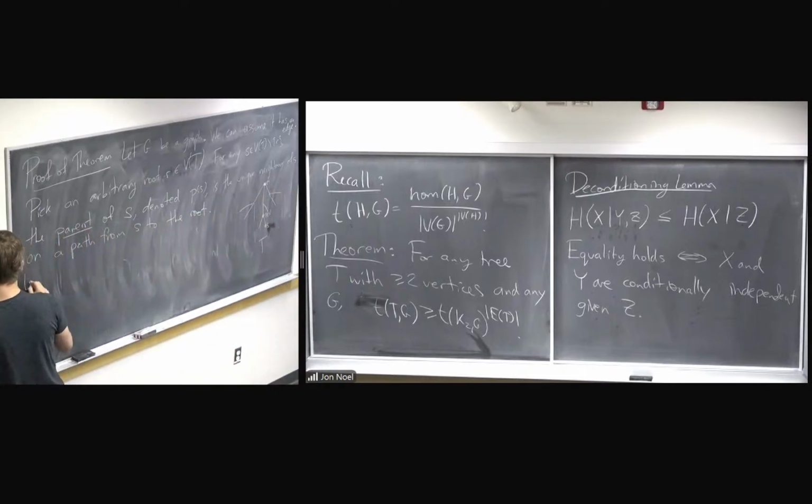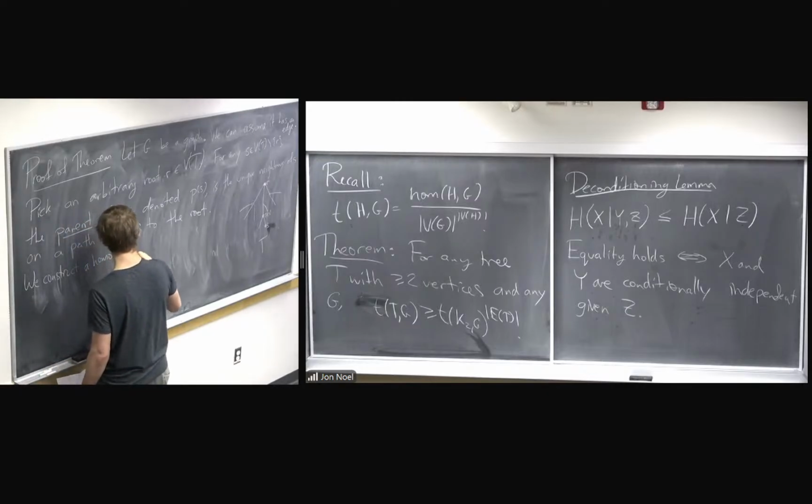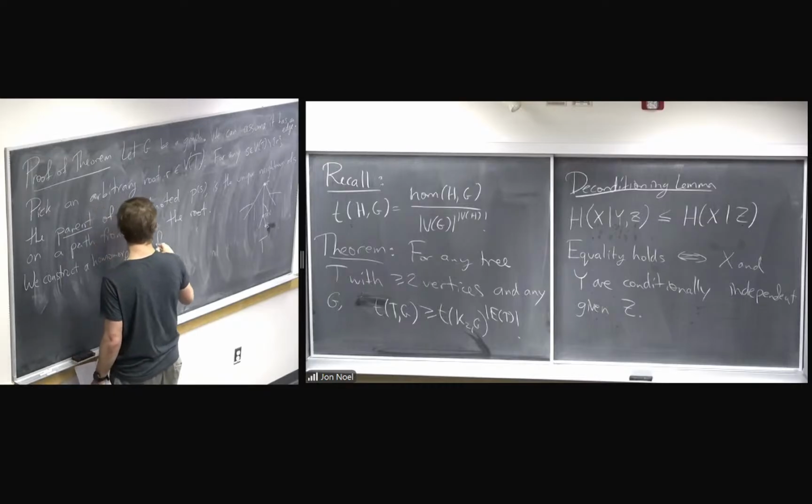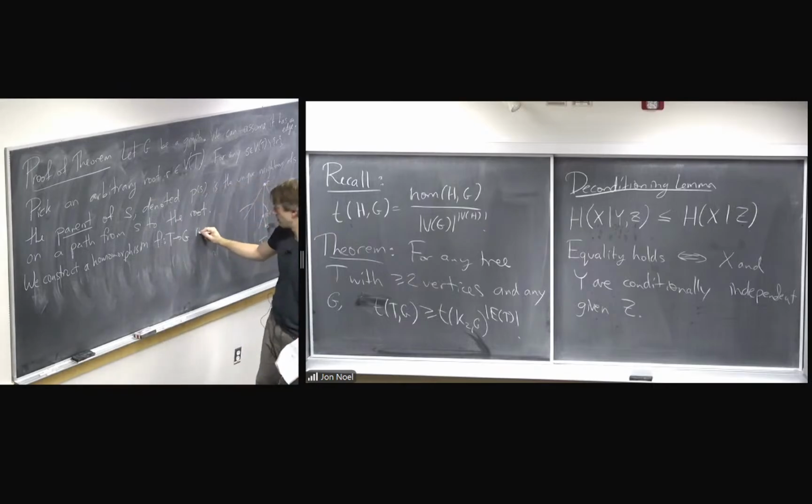So we construct a homomorphism F from T to G randomly as follows. Okay. So first I'm going to pick where the root maps.